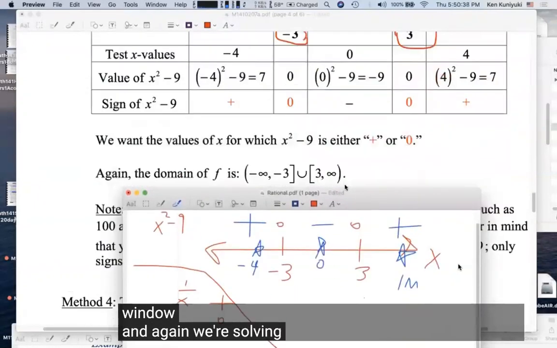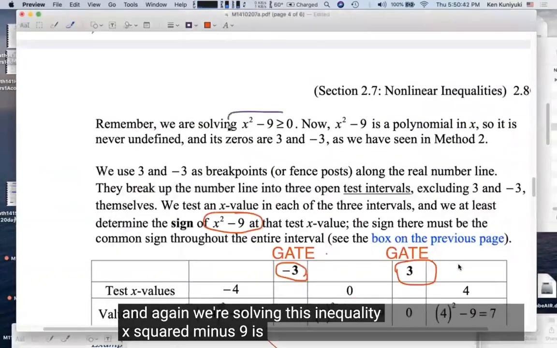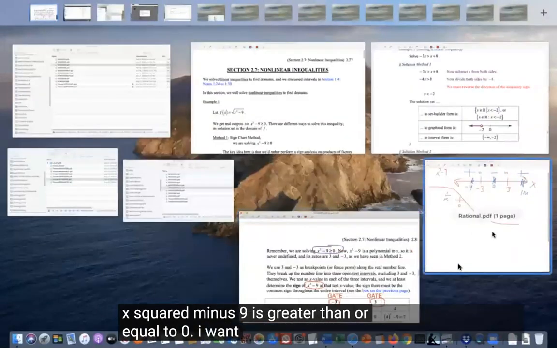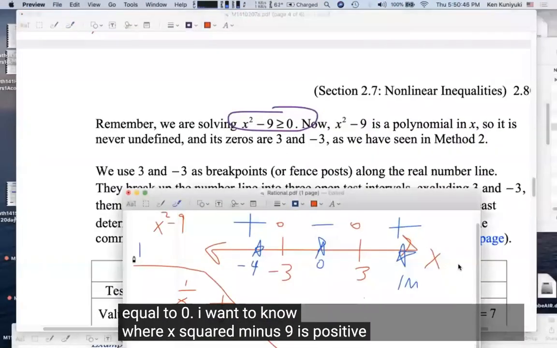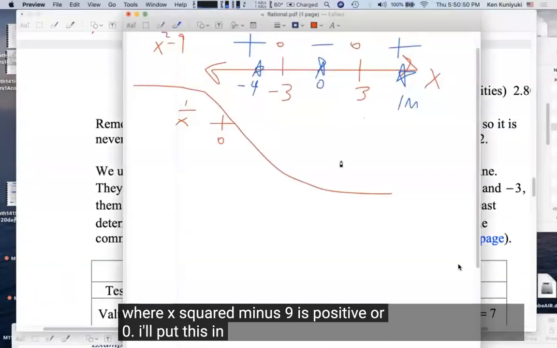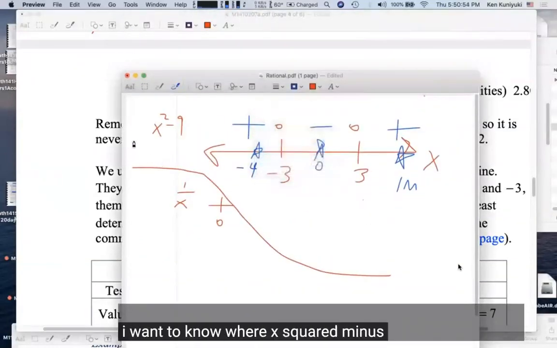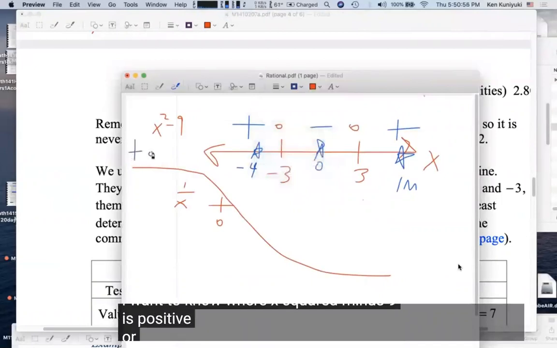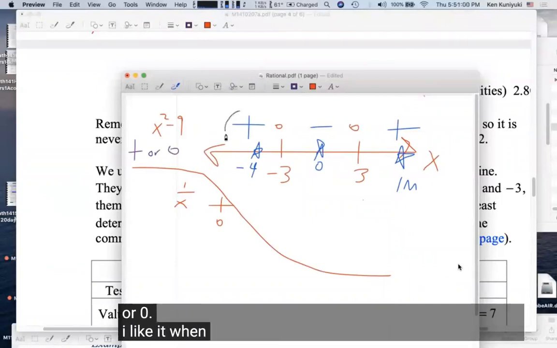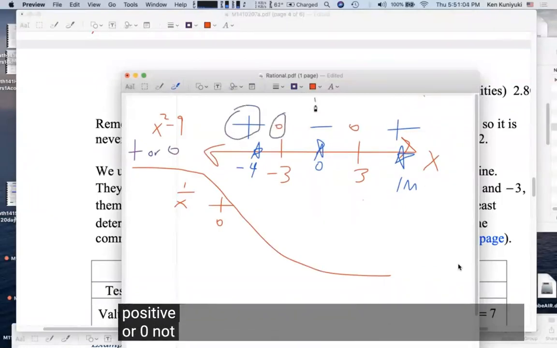And again, we're solving this inequality. X squared minus 9 is greater than or equal to 0. I want to know where x squared minus 9 is positive or 0. I'll put this in purple. I like it when x squared minus 9 is positive or 0, not when it's negative.